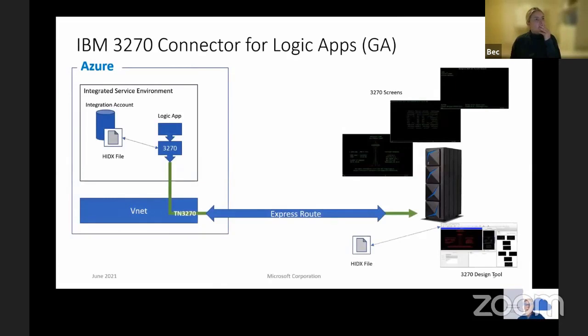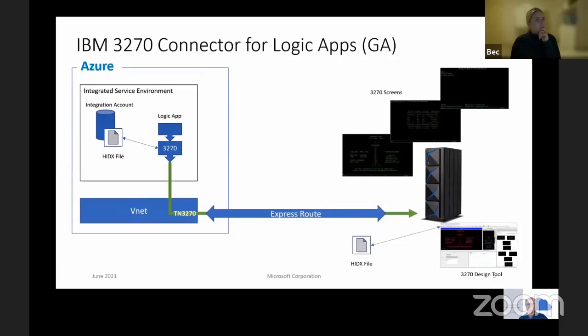A user would start in the 3270 design tool to record a task in their 3270 application. Define the navigation, define the in and out parameters, and once tested, they can generate the HIDX file containing the metadata. This file would be imported into their integration account, and when the 3270 action is added to the workflow, you can choose the HIDX file and it will dynamically include the parameters you've defined.